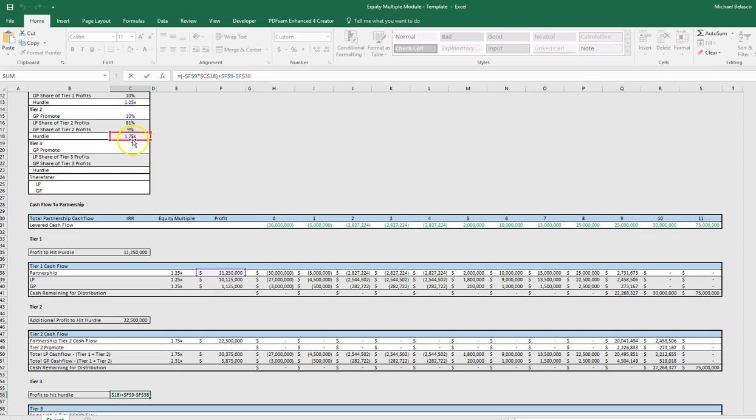We know we're in the third tier now, so we're going to pull this down to the tier 3 hurdle. And we know we need to subtract one more piece of the cash flow. So this 22.5 million needs to come out so we can get our additional profit that's needed to hit our third hurdle.